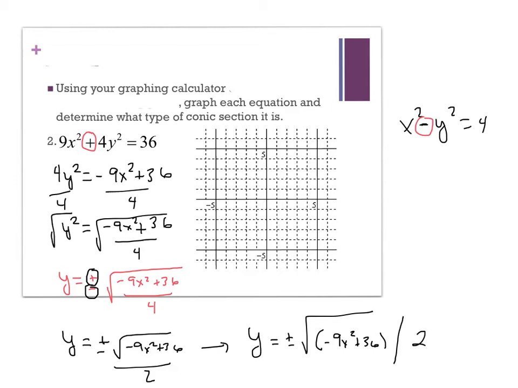So the shape that we're going to get is these two guys right here, and then we're going to get another one, oh, that's the wrong spot. Right here and right here.